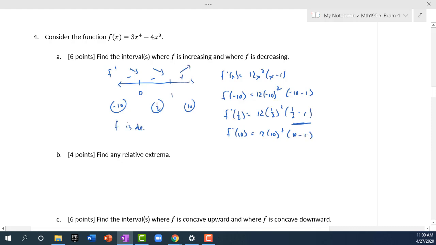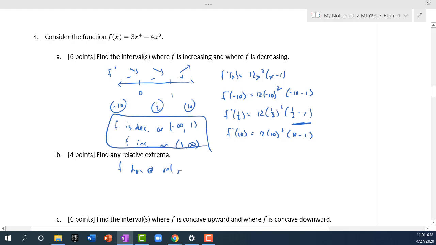So f is decreasing on the interval negative infinity to 1 and increasing on the interval from 1 to infinity. Okay, relative extrema, looks like f has a relative minimum at x equal to 1. And in fact, the point was, didn't we do this one already? 1, negative 1, right?